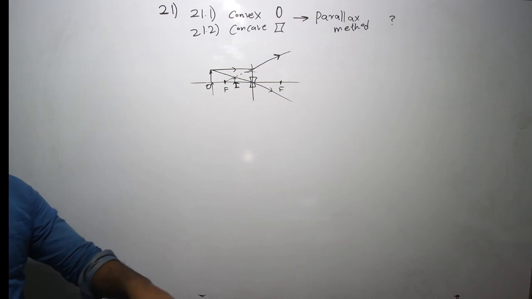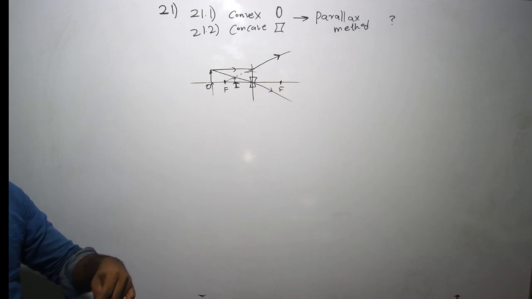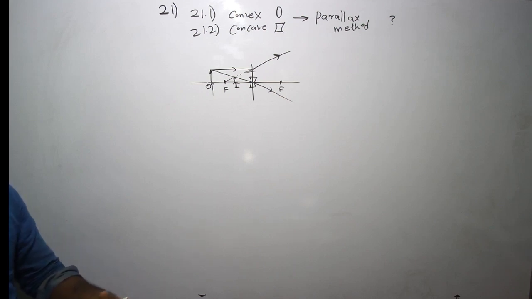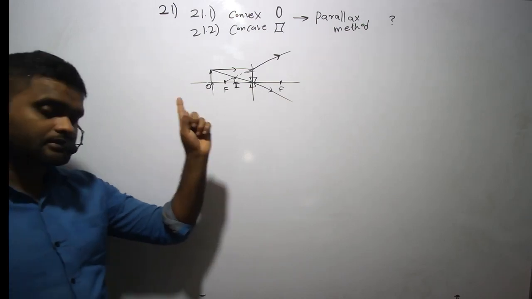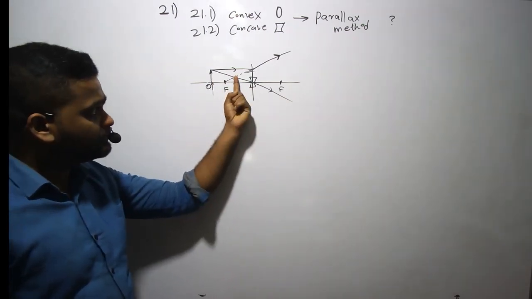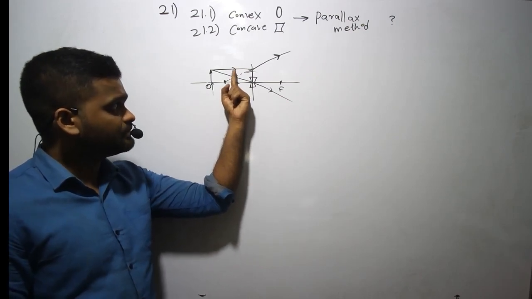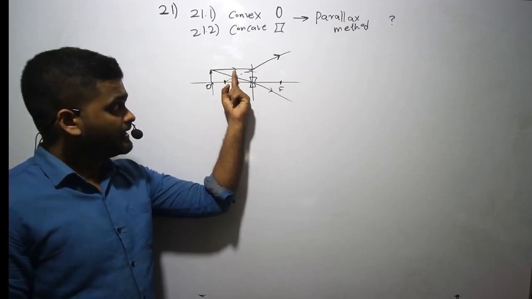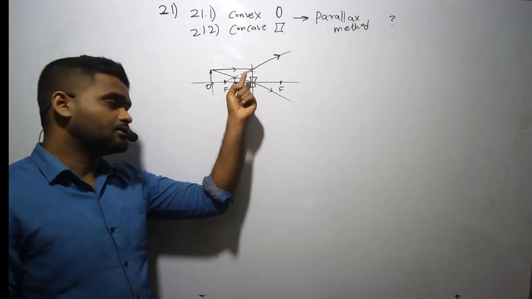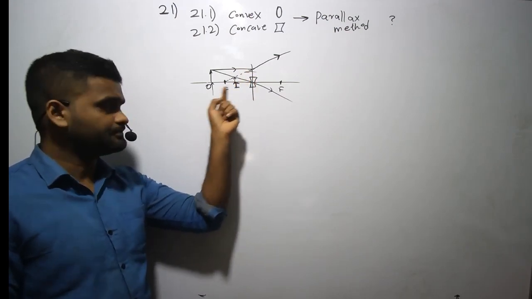So to do this, the experimental setup is somewhat different here, right? Experimental setup. Actually, with the previous method, you cannot just place an optical pin here. Do you understand? To locate this, if you place the optical pin here, then the image of that optical pin is also going to be made by this lens.